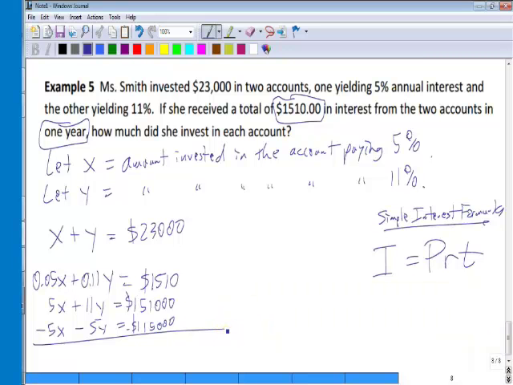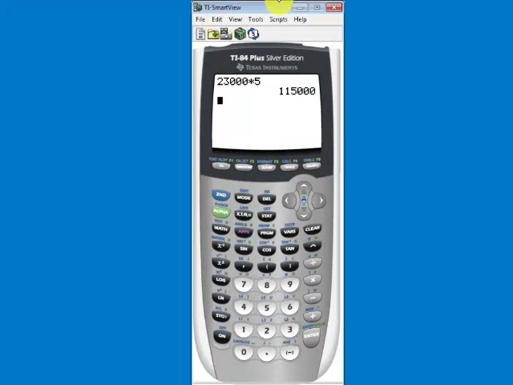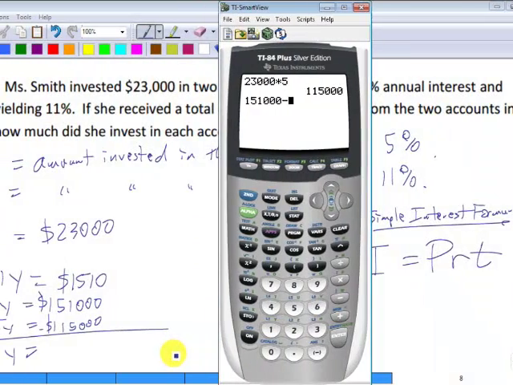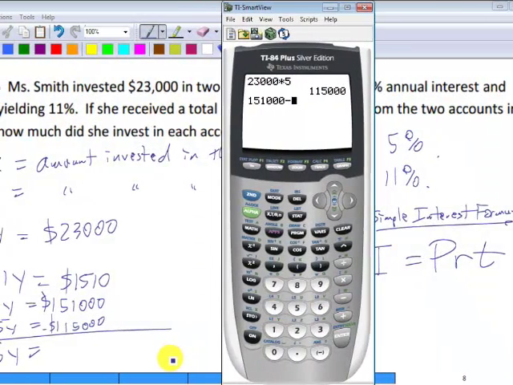Add the two equations together, and we get 6y equals 151,000 minus, 11y minus 5y, you get 6y.